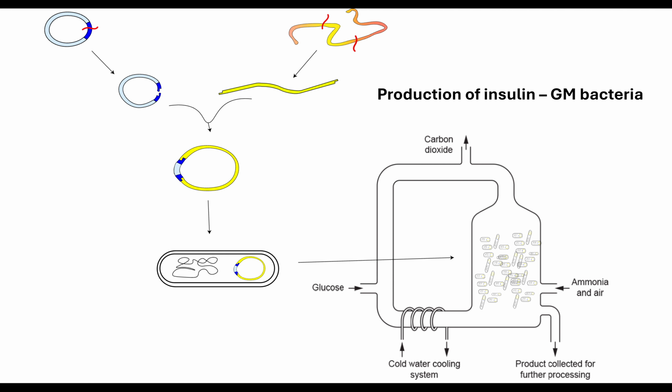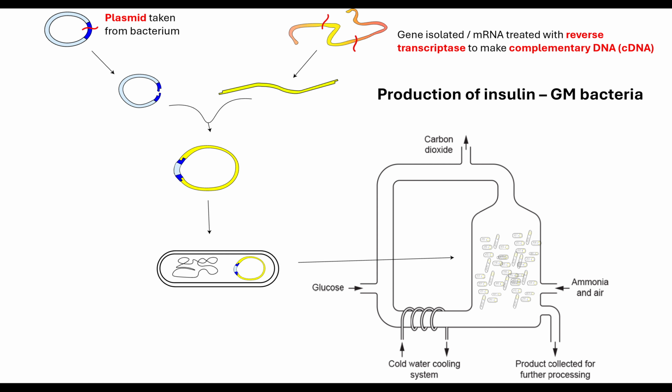Well, this is where your module 6 knowledge is going to come in: the production of insulin from genetically modified bacteria. I have done a whole video on genetic modification, but just to remind you, we can take a plasmid, a circular bit of DNA from a bacterium.